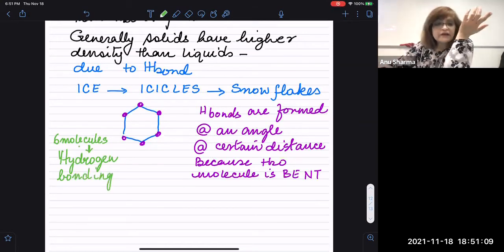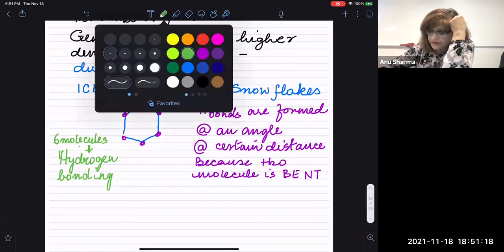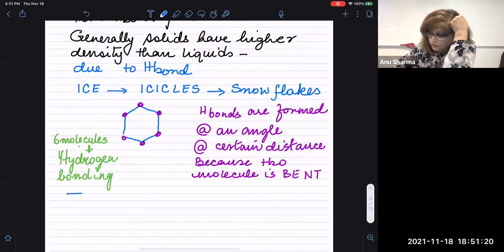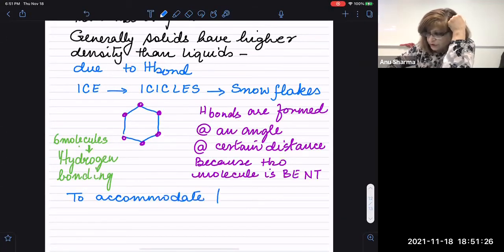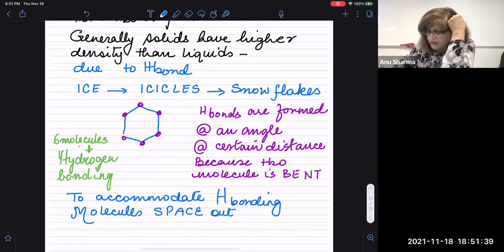But keep this in mind: to accommodate hydrogen bonding, the ice will be expanding. The water molecules expand to accommodate hydrogen bonding. Molecules space out. And when they space out, what happens? They need space, right?